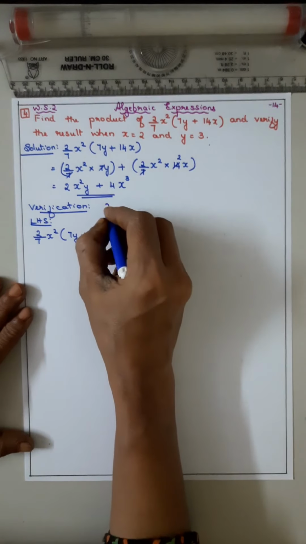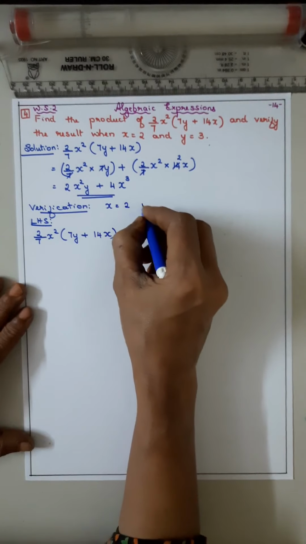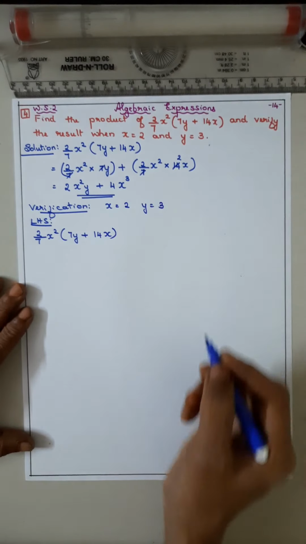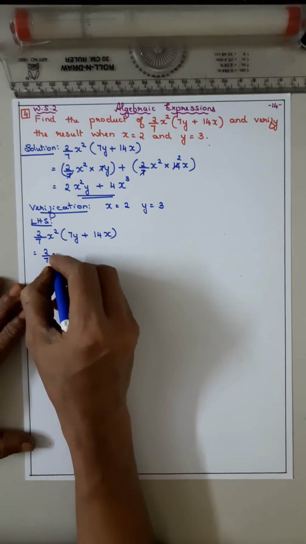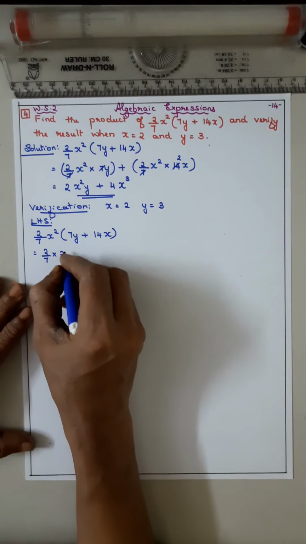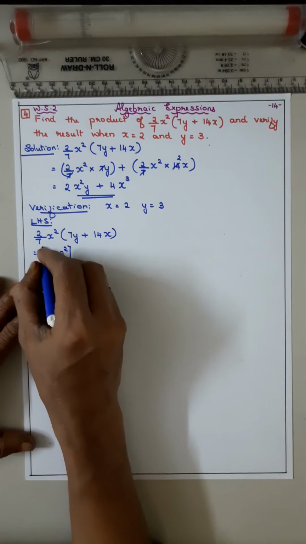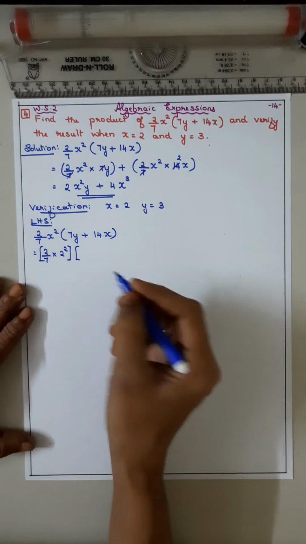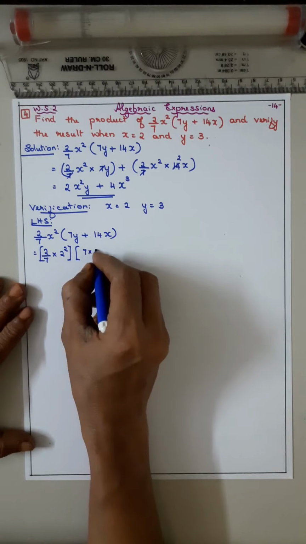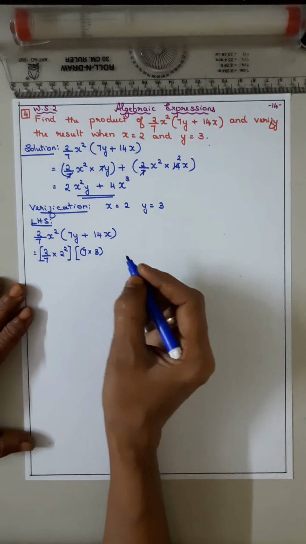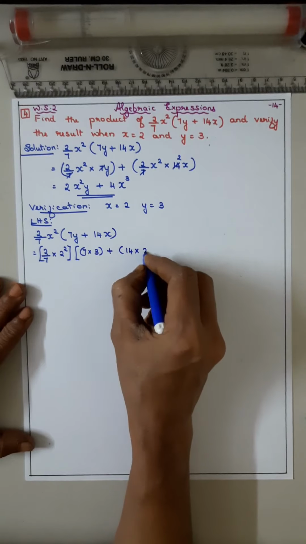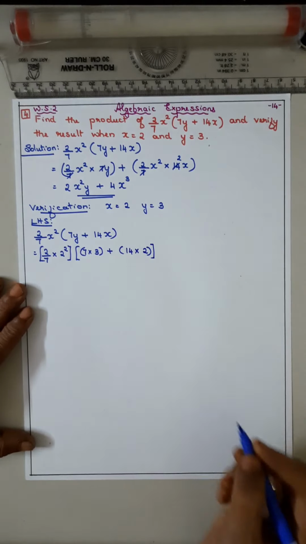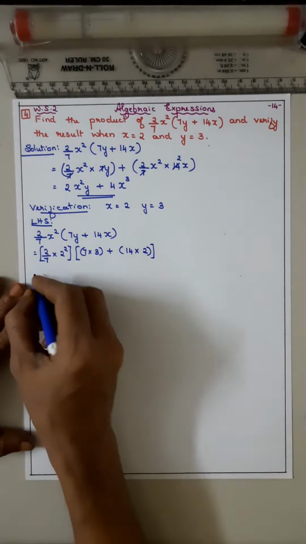Now verification with x = 2, y = 3. Put the values: 2/7 into x is 2 squared, bracket open 7 into y, that is 3, plus 14 into x is 2, put inside the bracket.